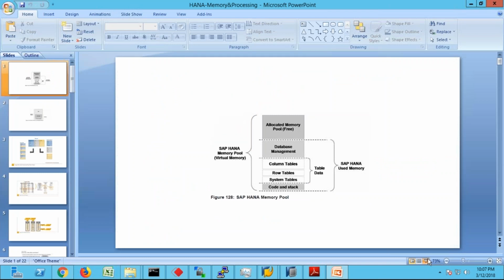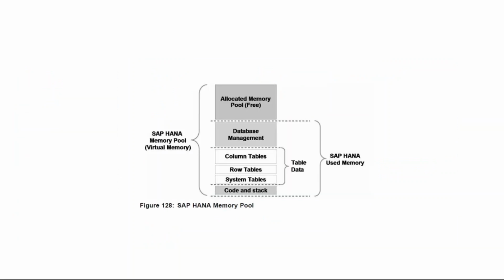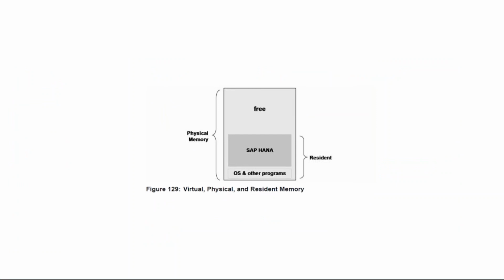So there will be a database resident and a total resident. Here, the HANA database needs some memory that resides in the physical RAM. Not only HANA, even other programs and the operating system running also need memory. They are also residing there.